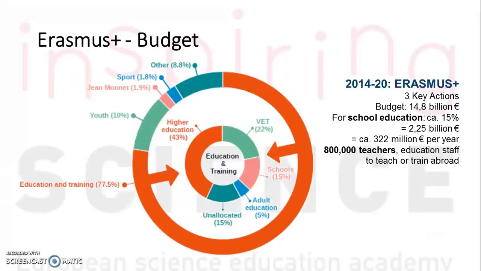That includes training activities or job shadowing or teaching assignment for teachers, as well as strategic partnerships between schools and student projects. However, it is the goal of the European Commission for this period to involve at least 800,000 teachers and educational staff in training activities or to teach abroad in another European country.